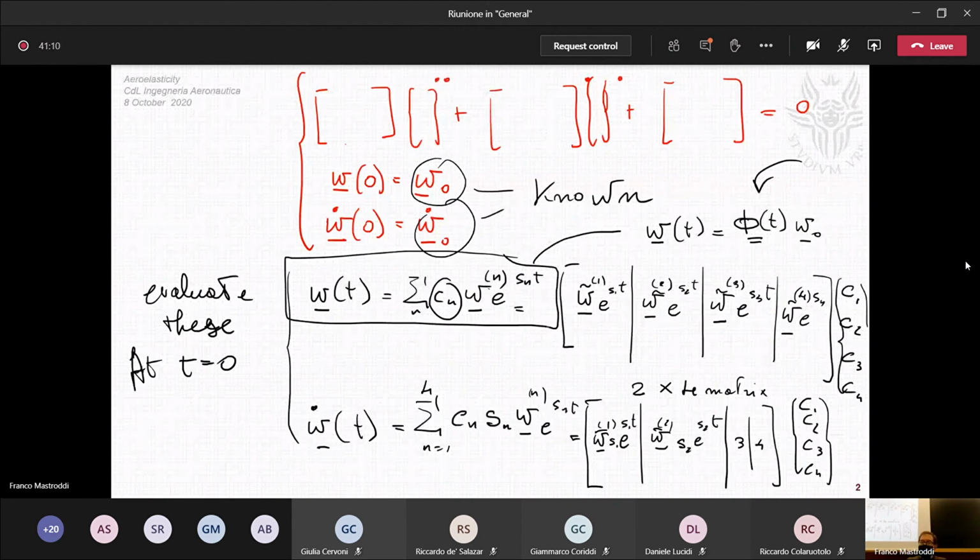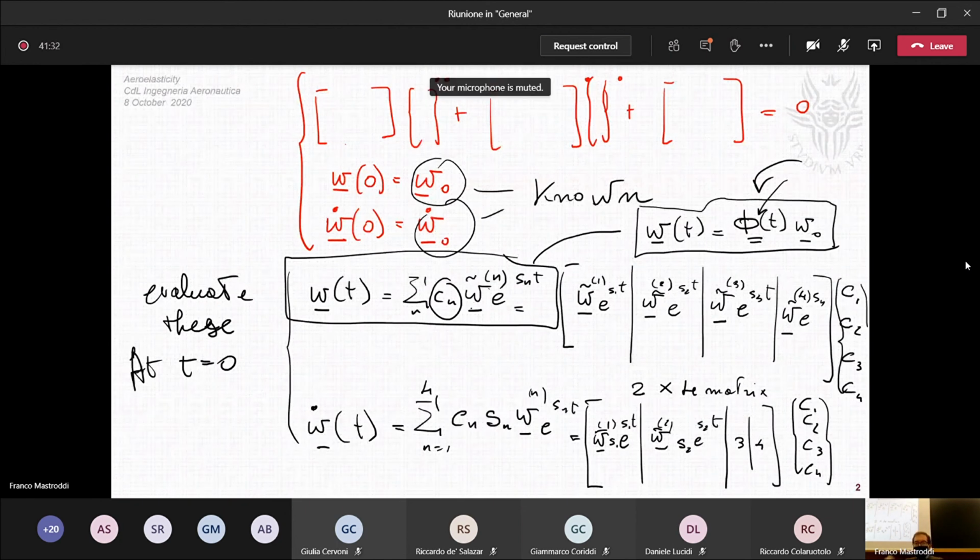Okay, so we have essentially determined our transition matrix by using an associated eigenproblem. The structure of this matrix depends on the W tilde vector, excuse me, I forgot the tilde, W tilde vector, and the poles Sn.